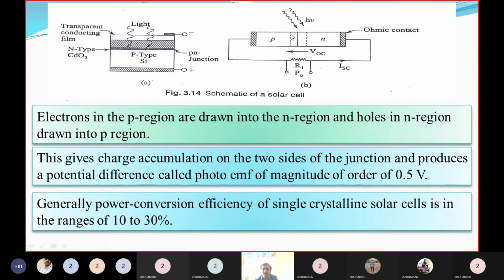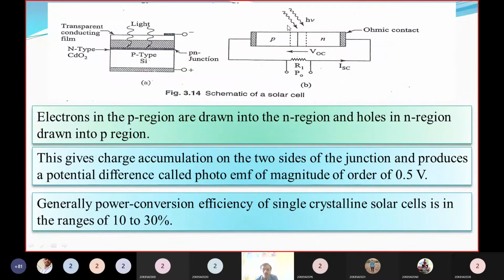That's why there are no further transitions. This negative charge opposes all these holes, so there is no diffusion between the P and N region. That's why a depletion region will be formed in between the P region and N region.